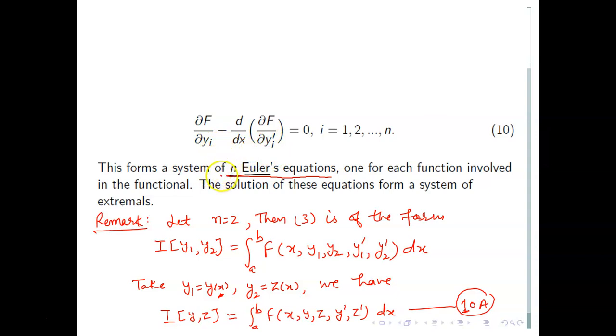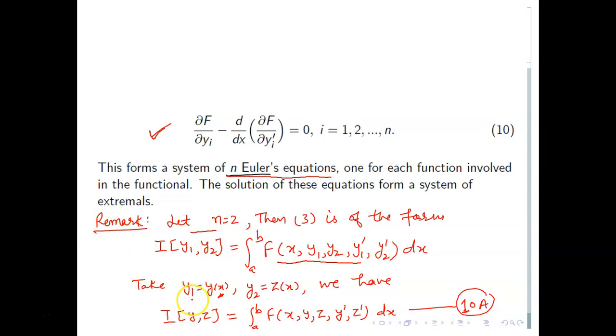Now, as far as the implication of this type of equation is concerned, it is better to consider the situation in terms of only two functions. Let n equal to 2, then equation 3 can be put in this form for y1 and y2. It is not necessary that in a given problem you are given y1 and y2, but you should understand that y1 is one function and y2 is another function of x.